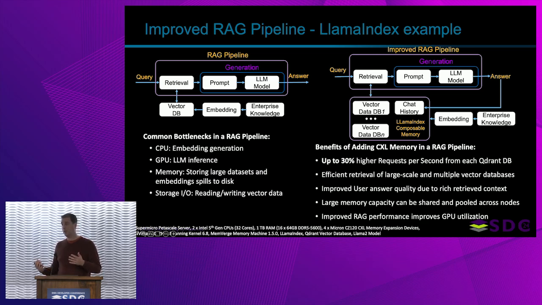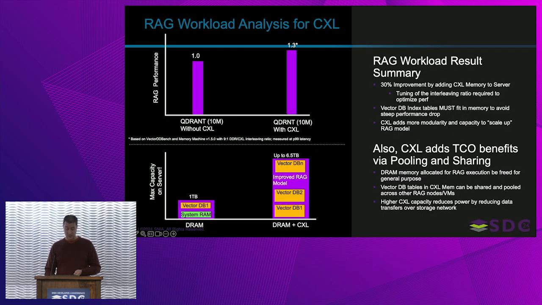So now the database itself can start to use tiering and bandwidth optimizations. And what we saw from that was at least a 30% improvement in the database performance just by doing this. So that had a better effect on the generation piece, because now you're able to get the data to the LLM faster, and subsequently you can get the result back faster as well.